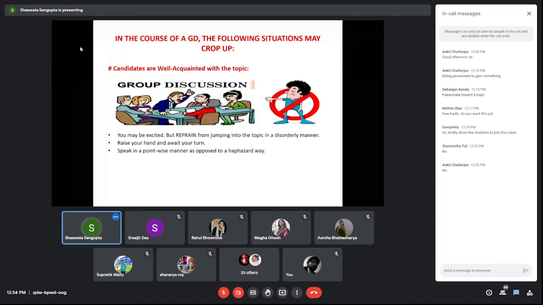But then again, just like too much tension is not good, too much happiness is also not good. Why? Because if a person feels like this, okay, I have got this, I've got everything in order, in the moment of excitement, what may happen is that the candidate who is speaking may forget to put the points in a proper logical sequence.